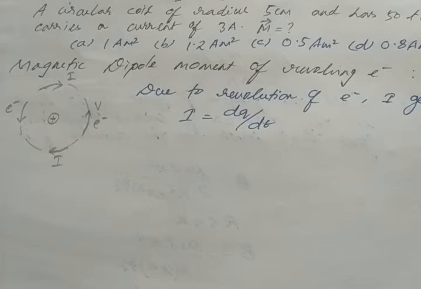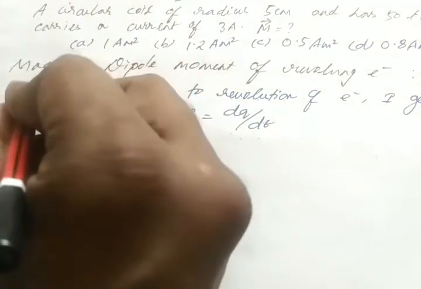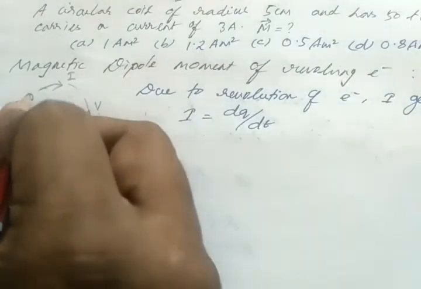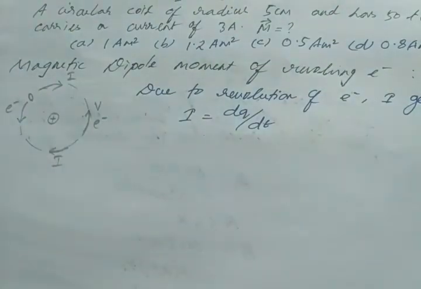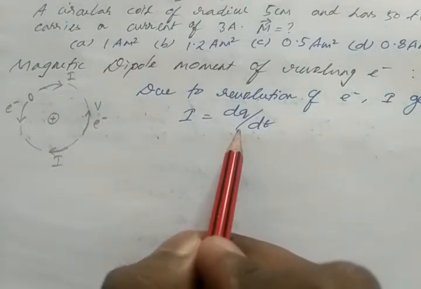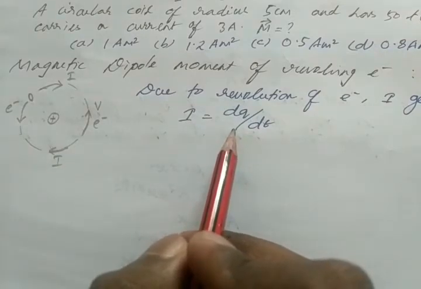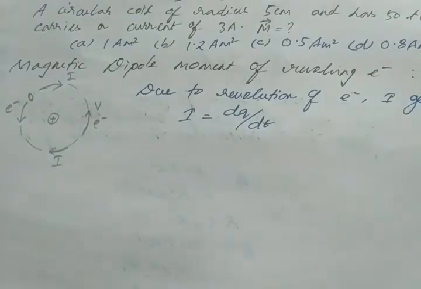So we consider one small cross section in this wire, and at a particular time, you know about this dq by dt. Instantaneous current means at a particular time how many electrons are crossing this unit cross section area. So the amount of charge passing through a unit cross section area, I equal to dq by dt.